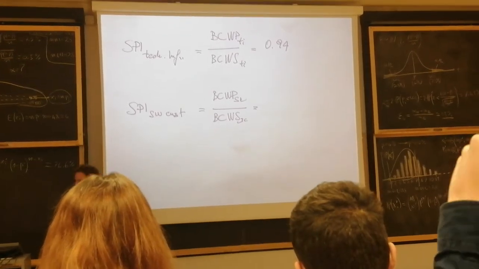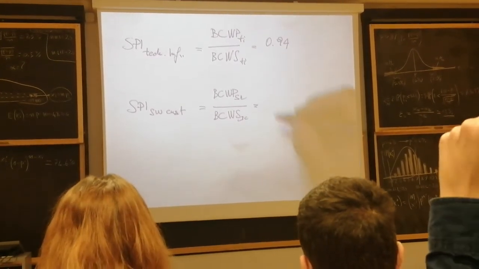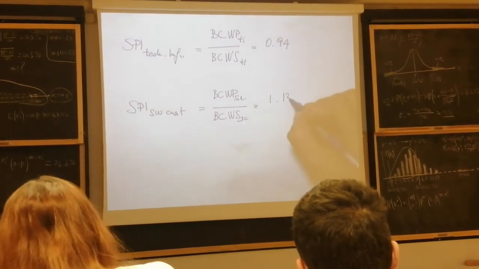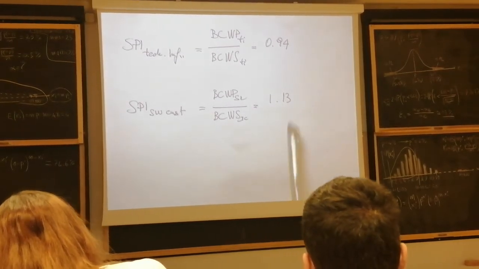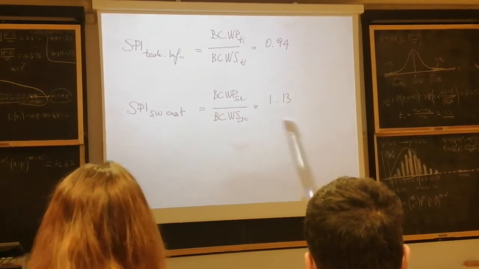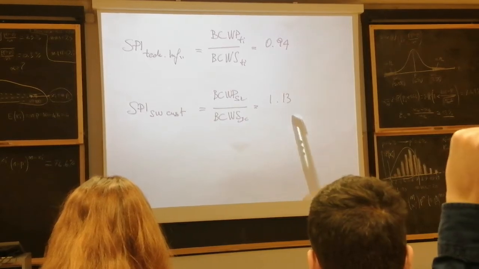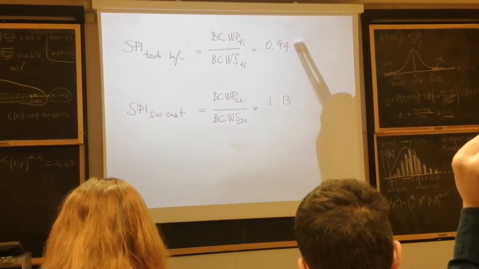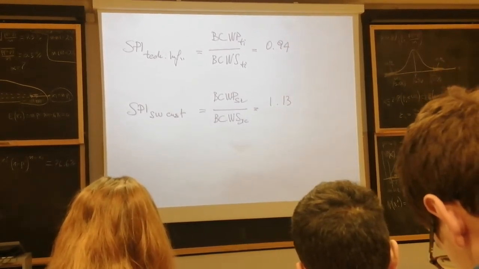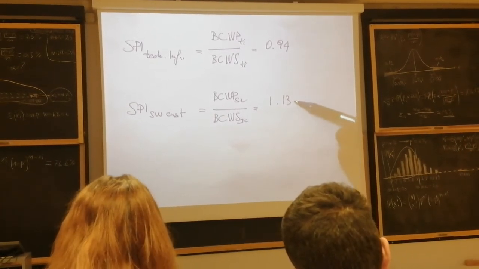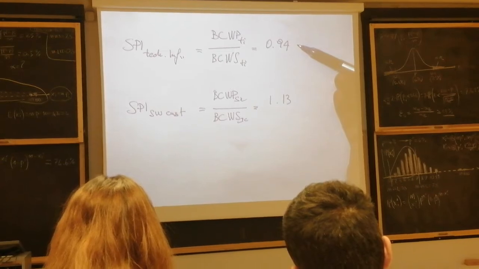How much? 1.13. Now, you get that this is 13% ahead of time. This is 6% late. Of course, if that was not time but money, this is more savings than overrun.